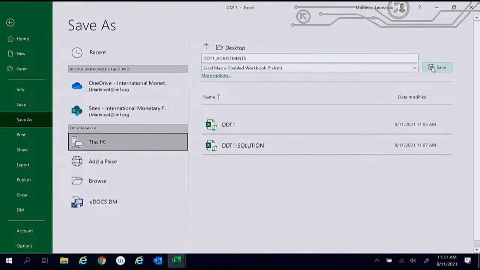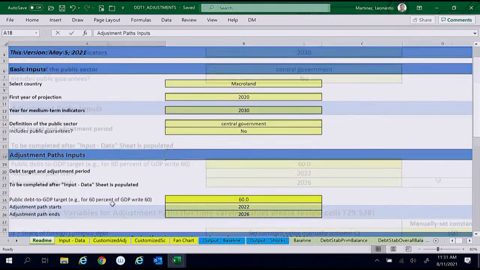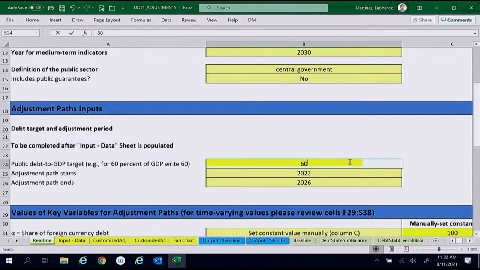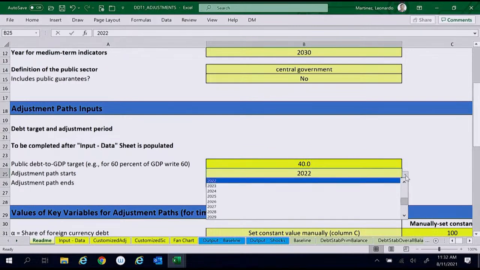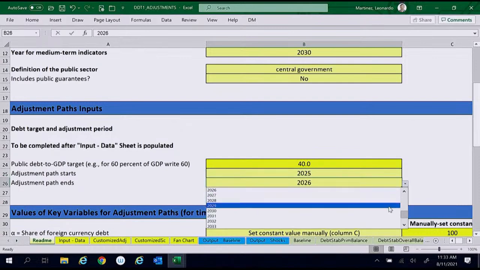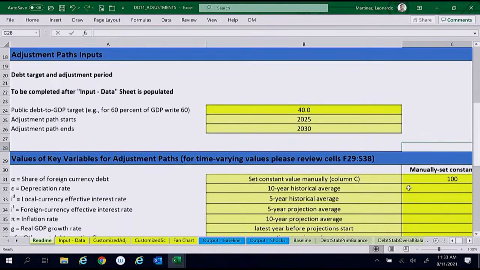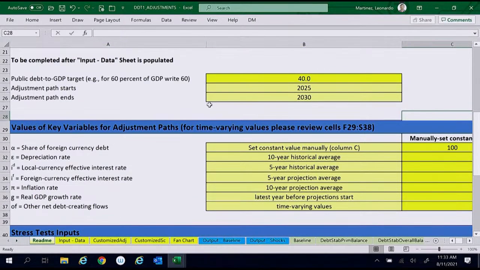To enter the assumptions requested by the Ministry, first in the README worksheet under Adjustment Path Inputs, we enter the requested debt target of 40% to be achieved with a fiscal adjustment that starts in 2025 and ends in 2030. We build the scenario assuming that key debt drivers take the baseline values.